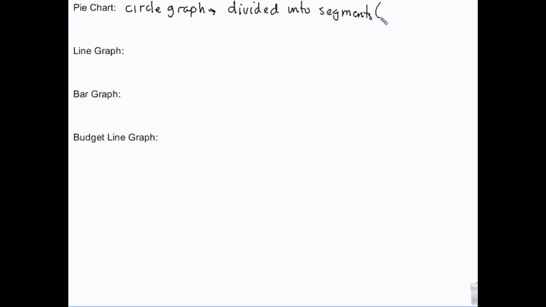They look like a pizza slice. Okay, we have line graphs. Line graphs are really good because they depict changes over time.